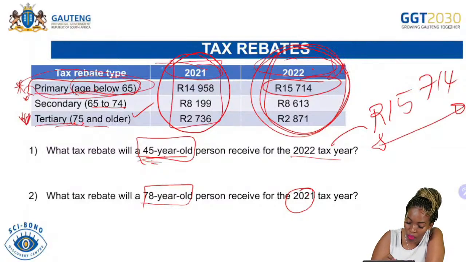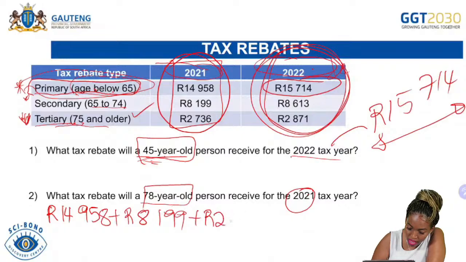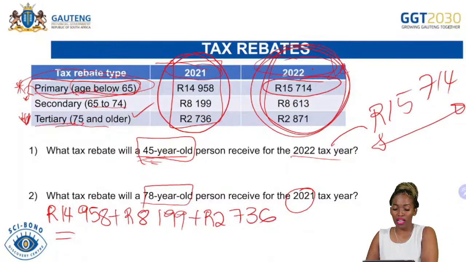So for 2021, the rebates that this person will receive are 14,958 plus 8,199 plus 2,736. You don't leave it like this. This is where you take out your calculator and you punch in all these values. And guys, do not take chances and want to add this manually.